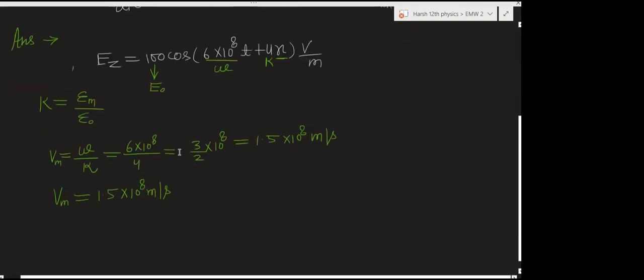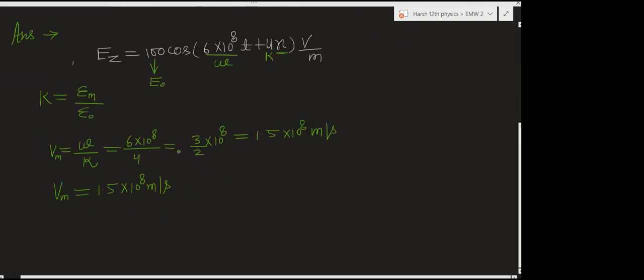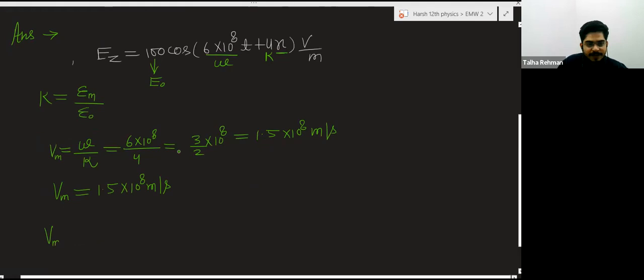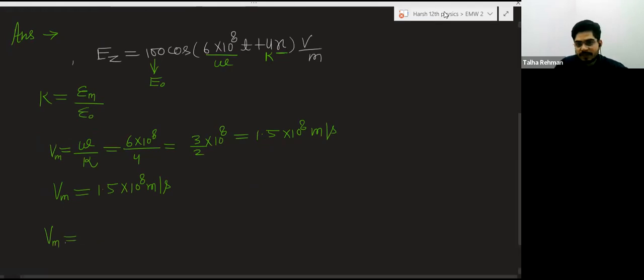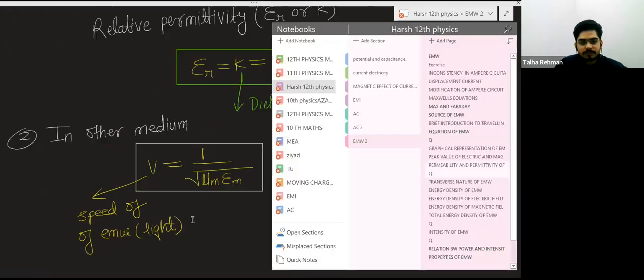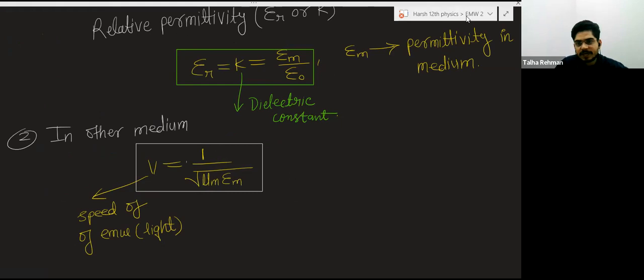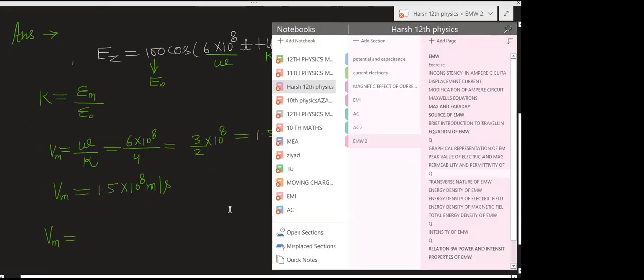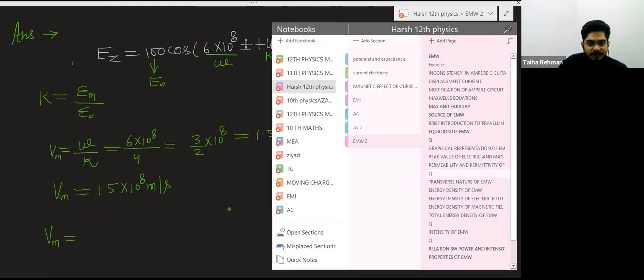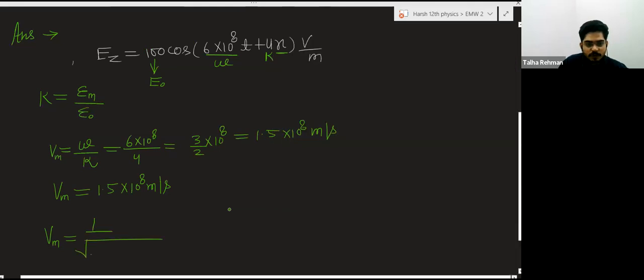Now there is one more formula to calculate the speed of the electromagnetic wave in a medium, written here. V is equal to 1 upon root of mu m into epsilon m. So the speed of electromagnetic wave in the medium is 1 upon root of mu m into epsilon m.